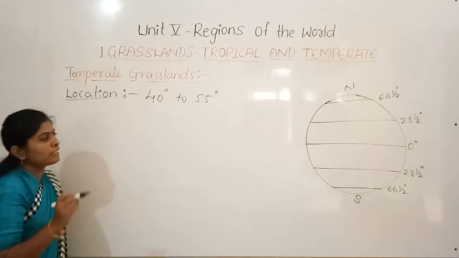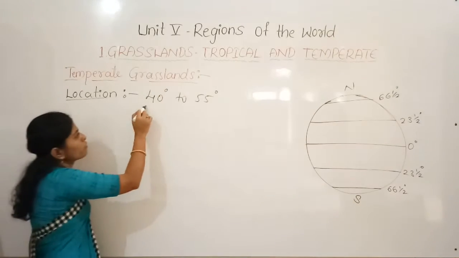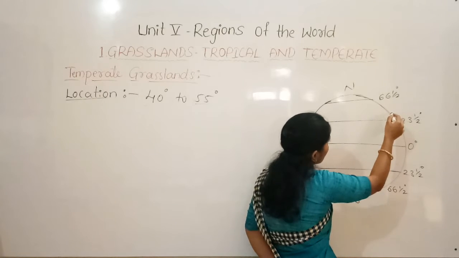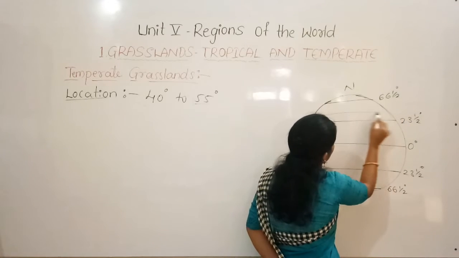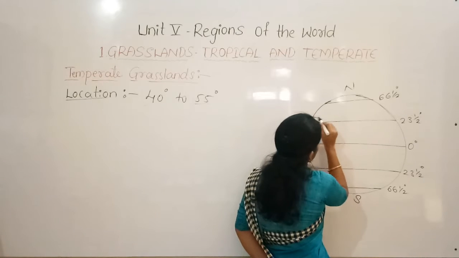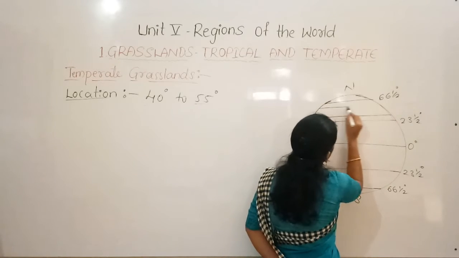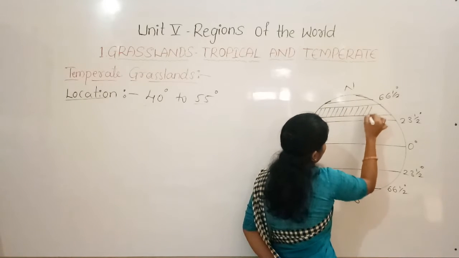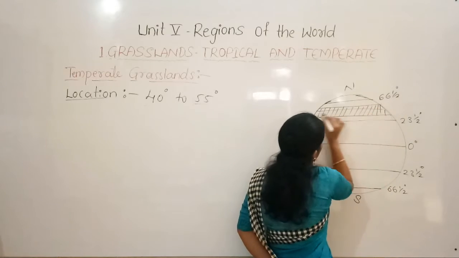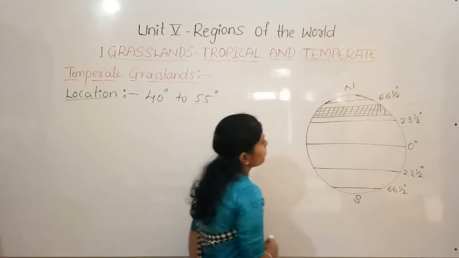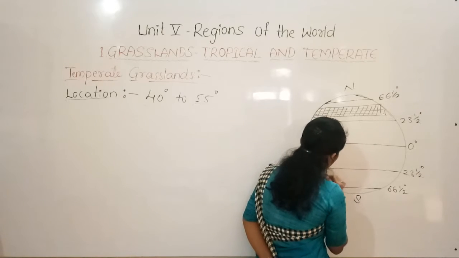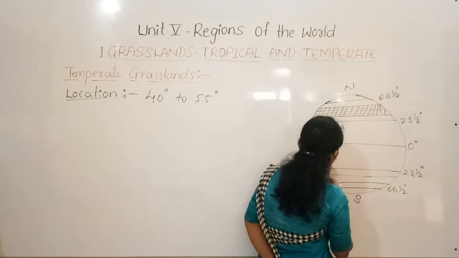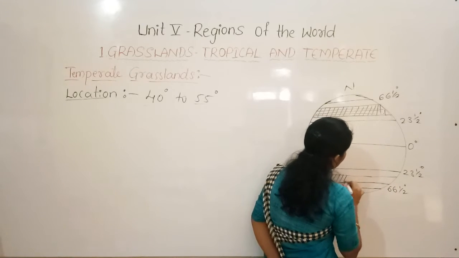Nearly it is about here the 40 degree, so approximately we can take 40 degree to 55 degree. So here we can see the temperate grasslands in this region. This is in the north part, and again here in the southern hemisphere, 40 degree to 55 degree.